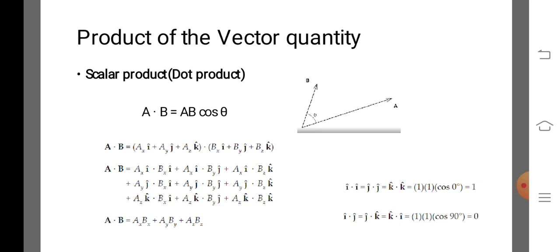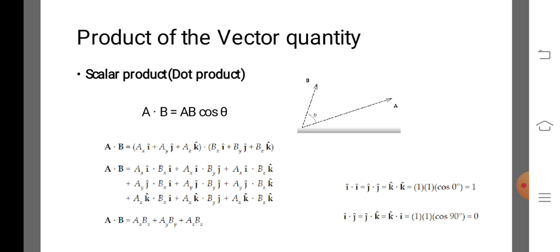All vectors have base vectors, depending on the three directions of the vector. The components are ax, by and cz vectors.